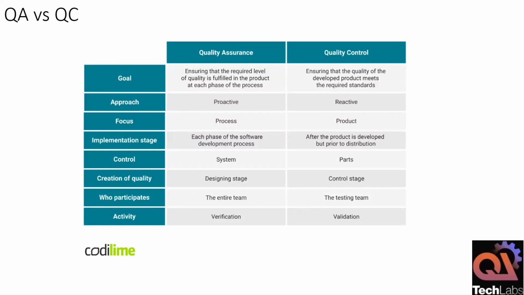That is control. Quality assurance defines how to achieve quality. Quality control ensures implementing those procedures and then ensuring that the quality is achieved.